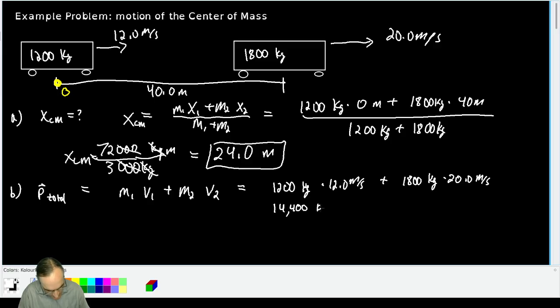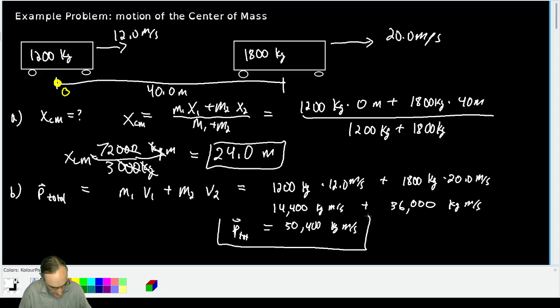So 14,400 kilogram meters per second plus 18 times 2 is 36, so 3 zeros, kilogram meters per second. Sorry about the noise. Let's see, 14 and 36 adds up to 50 plus another 400, so 50,400 kilogram meters per second will give us our total momentum.